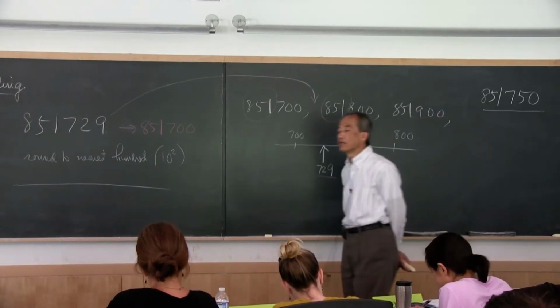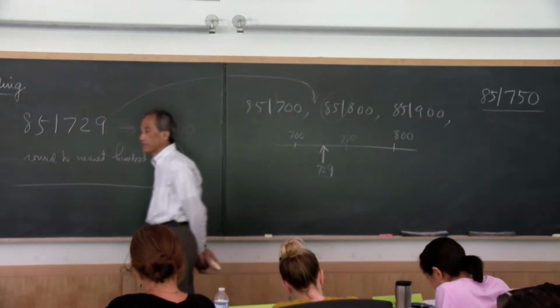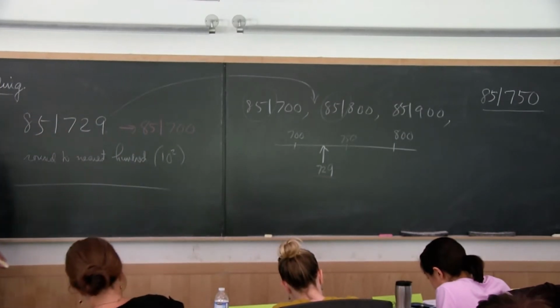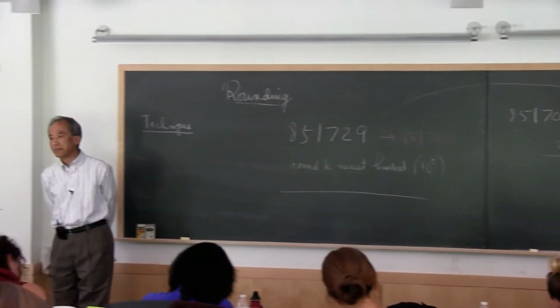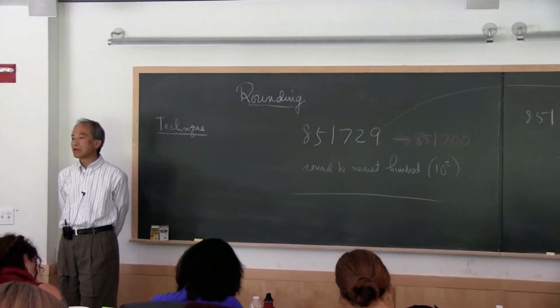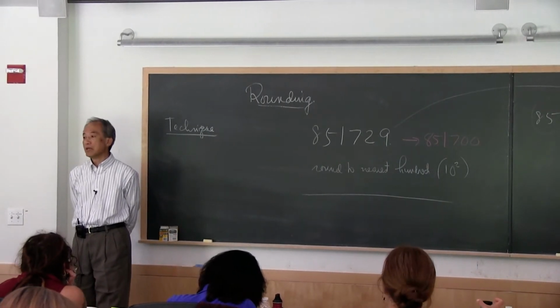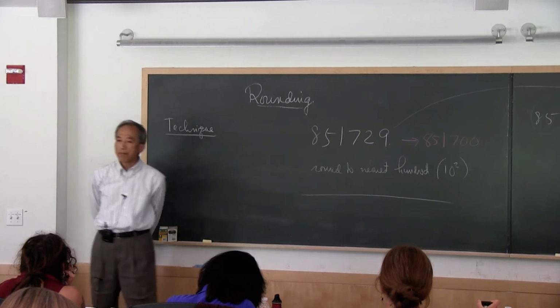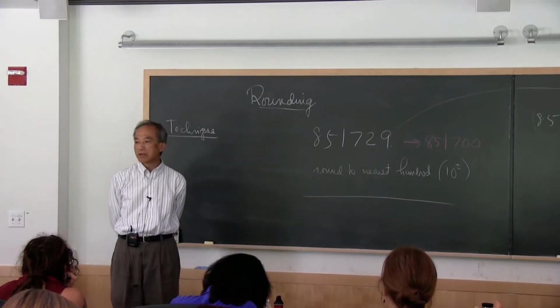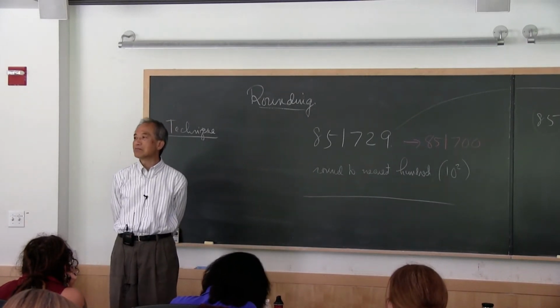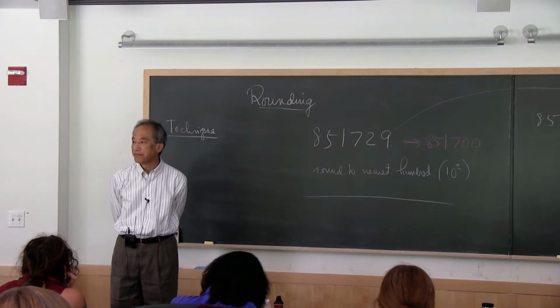Different cultures make different decisions. The American culture is round up. There must be cultures that round down. I don't know. There must be. It's a toss-up. You may be surprised that some cultures do not round up or round down, but do it selectively.